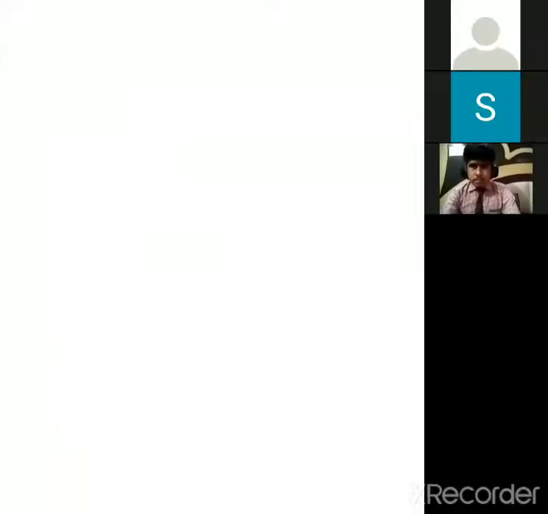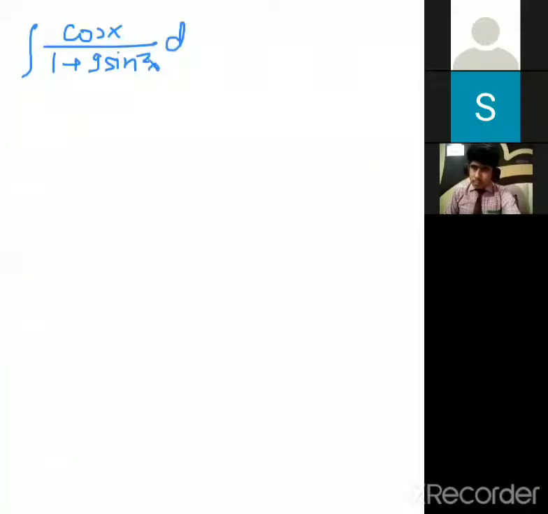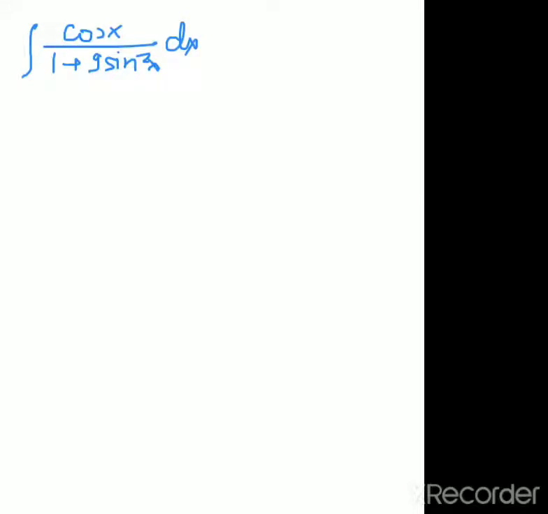Now, another situation we are going to think: integral cos x upon 1 plus 9 sine square x dx. What could I do with this question? One thing is the coefficient of sine square x is 9.